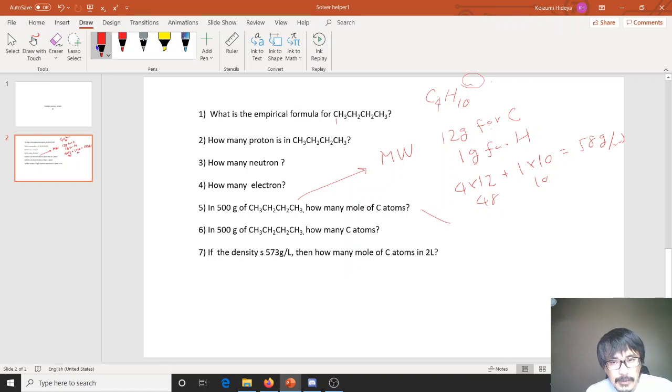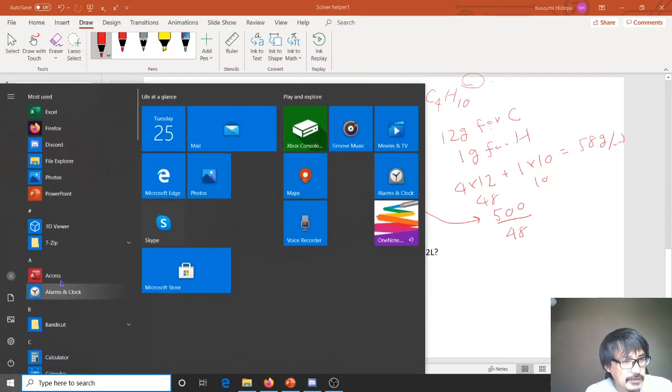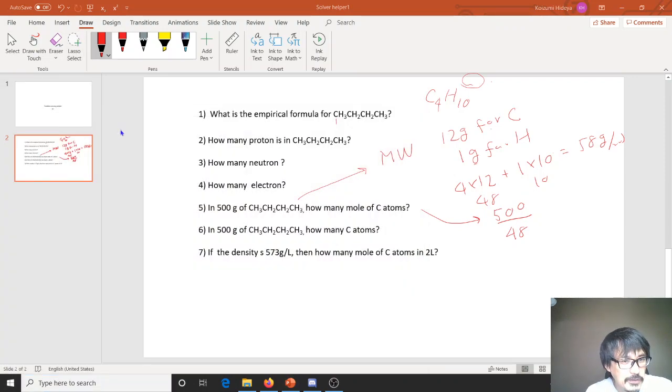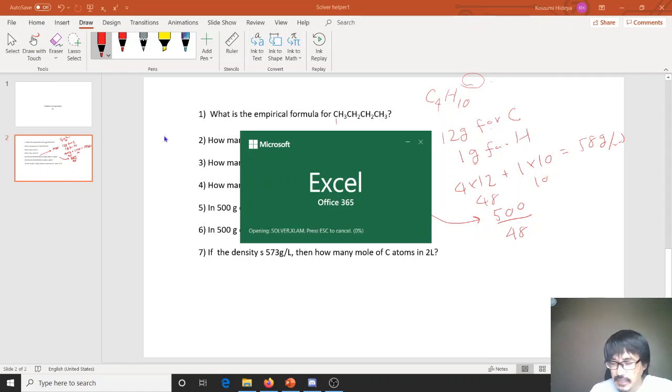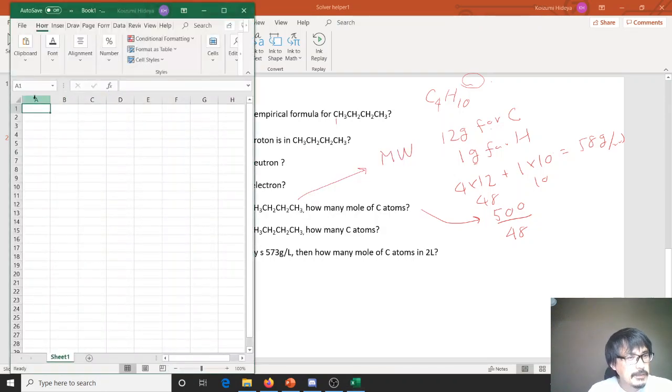Then how many moles of this are in 500 grams? So I have to divide by 58, right? Let me calculate this one in Excel. I want to expose you guys to as much Excel as I can.